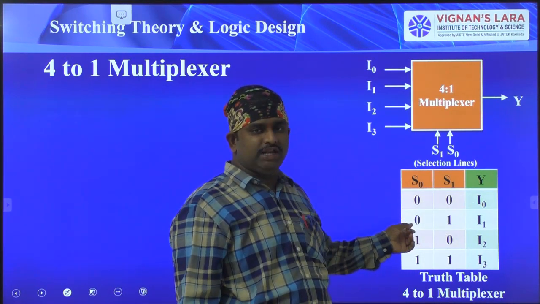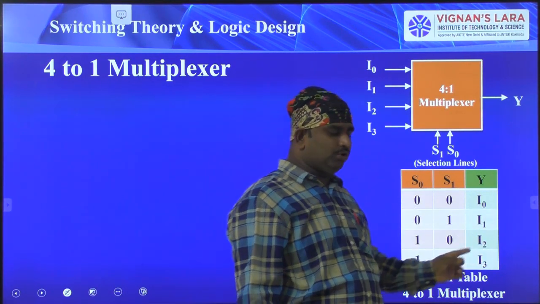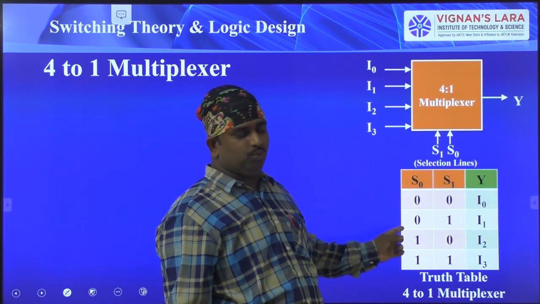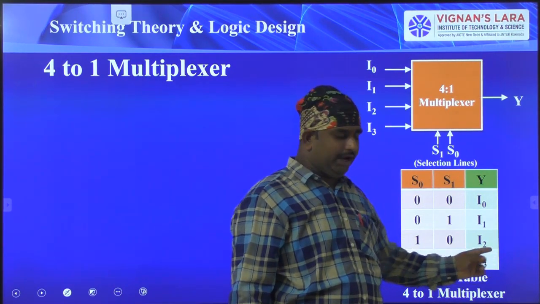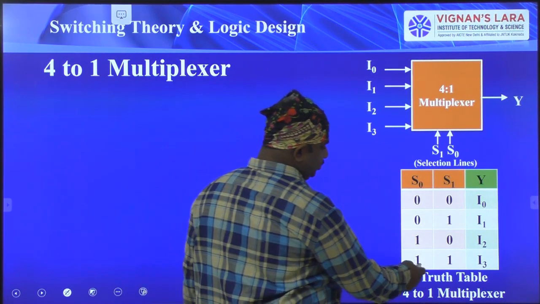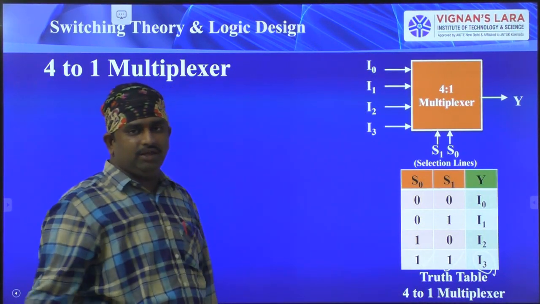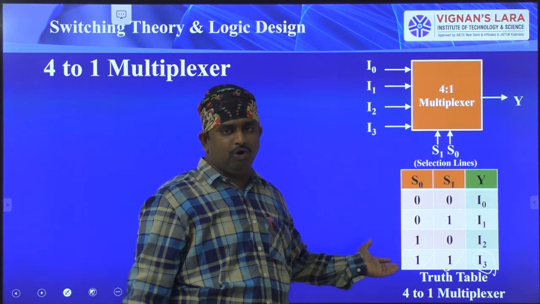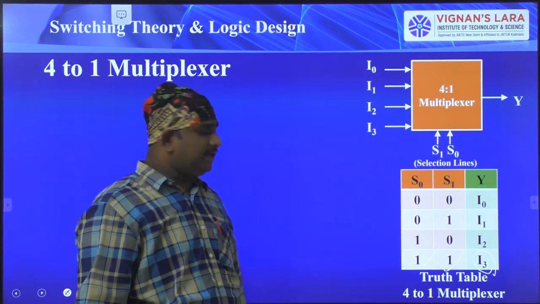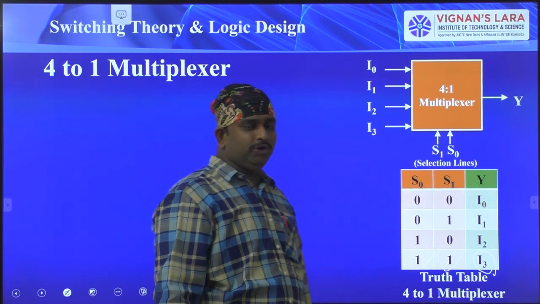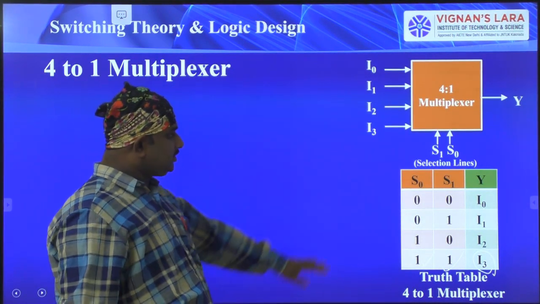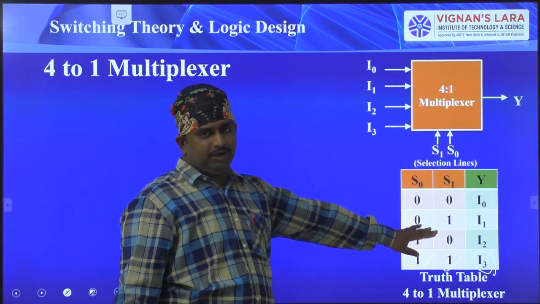Whenever you select 01, the output y is equal to I1. Whenever you select 10, the output y is equal to I2. And whenever you select 11, the output is I3. So these are the 4 possible input combinations for the 4:1 multiplexer, and those are the output signals. This is the truth table of the 4:1 multiplexer.